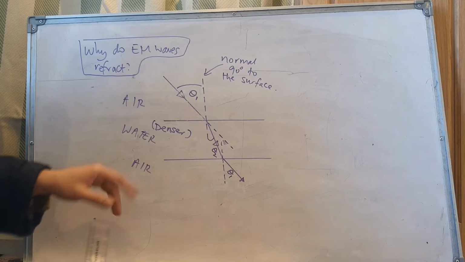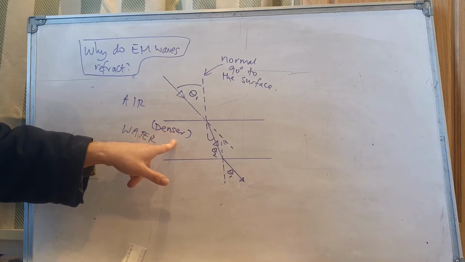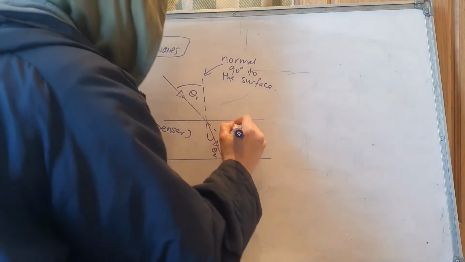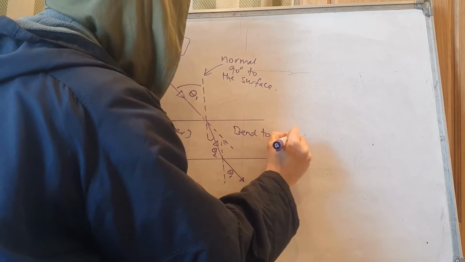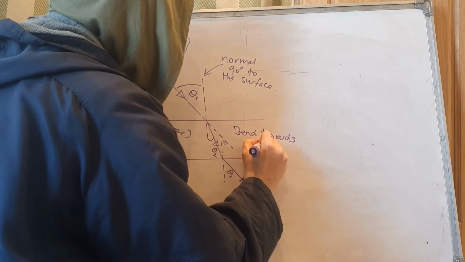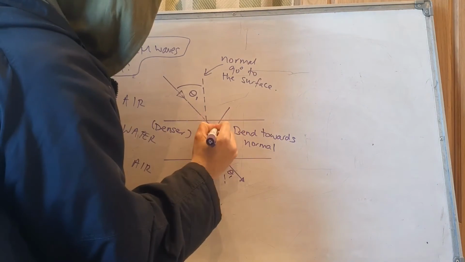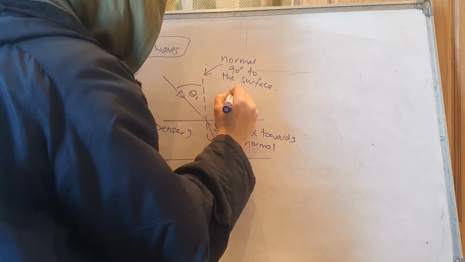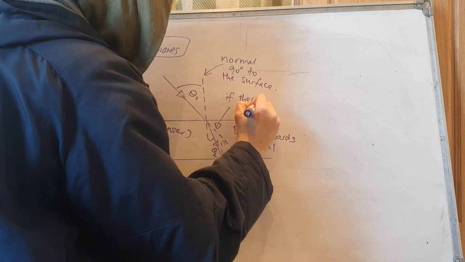Okay, so because the light ray goes through a denser material, it would bend towards the normal. And this dotted line is if there's no water.